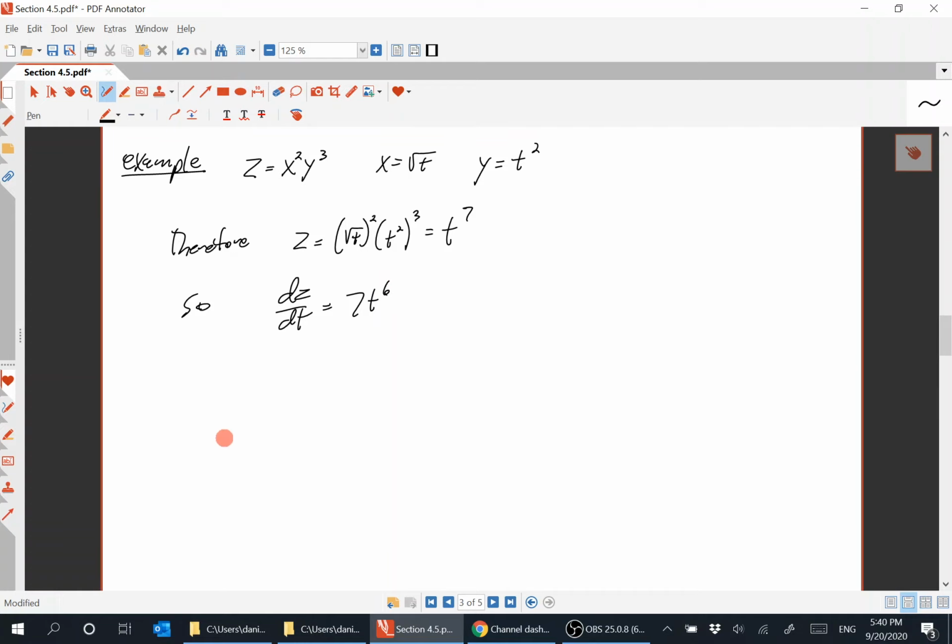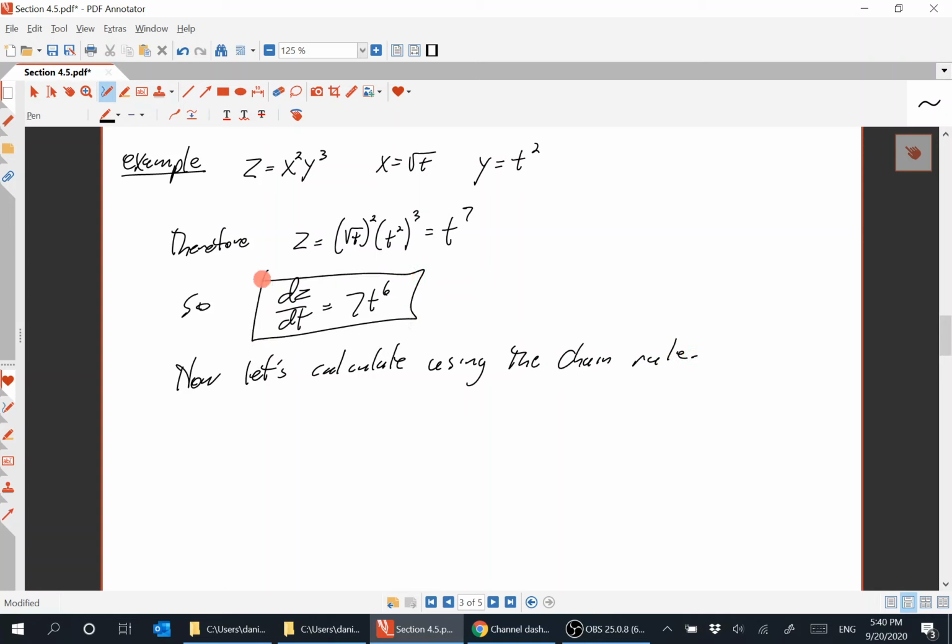Now let's calculate by the chain rule. dz/dt is equal to dz/dx dx/dt plus dz/dy dy/dt.